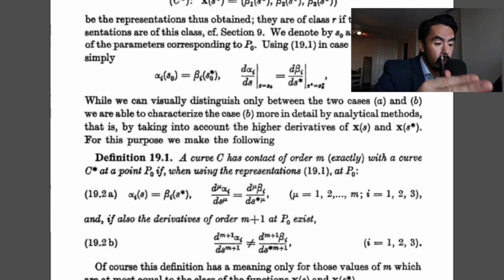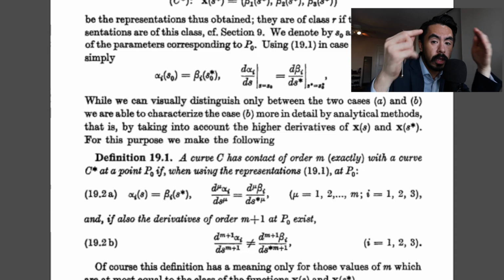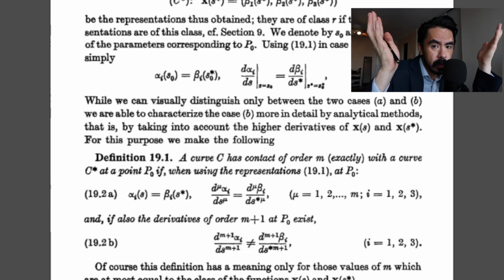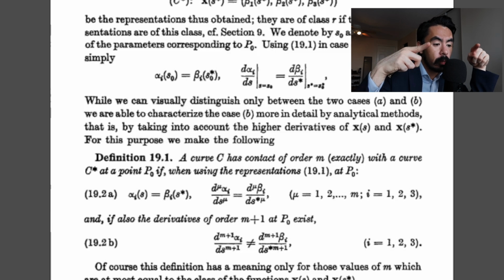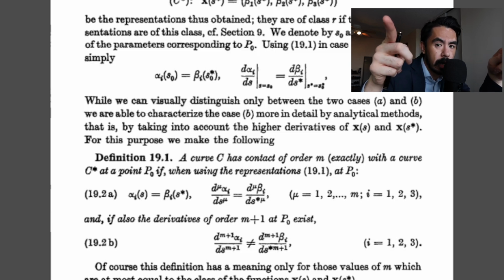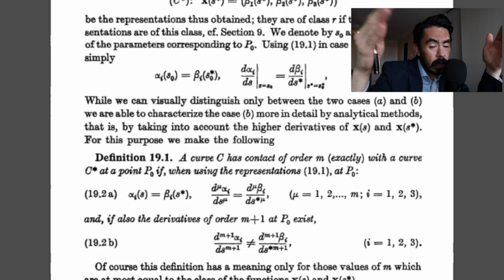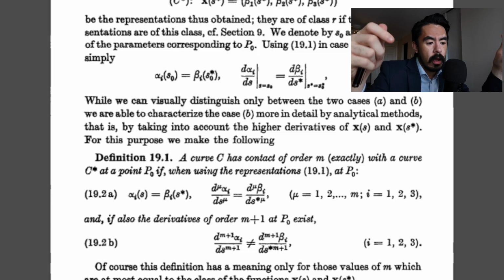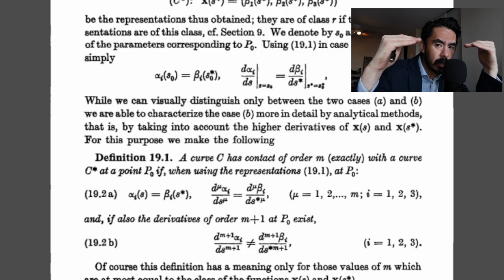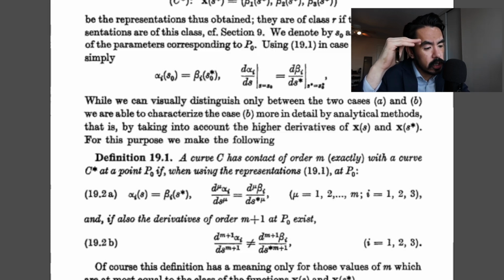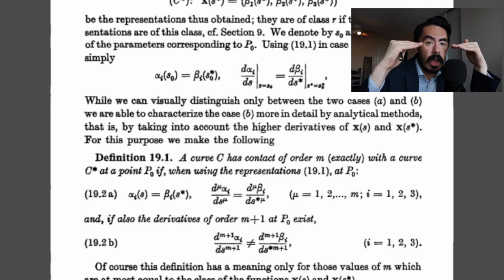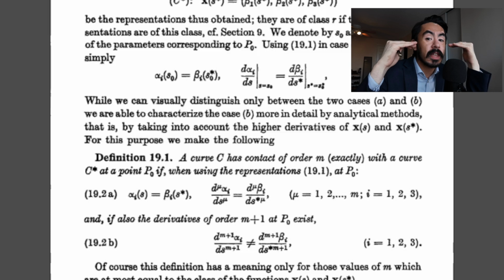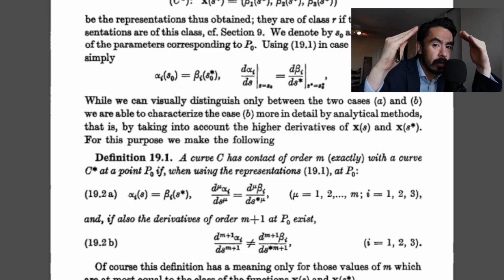When we have contact, not only are the values of the curves equal to each other at this point, because otherwise there would be no contact, but being that we specify that the tangents are in the same direction, which we can do arbitrarily by picking the sense in which we define the transformation into arc length, then the derivatives from 1 to m, when evaluated at the point of contact, are going to be equal. But the second part of this definition says that was everything up to the mth derivative. If you have an m plus 1-th derivative, they're not going to be equal.